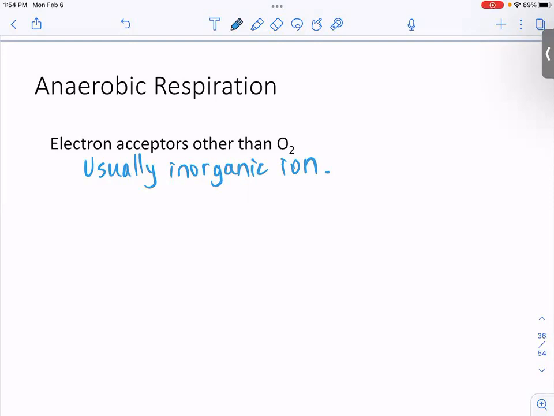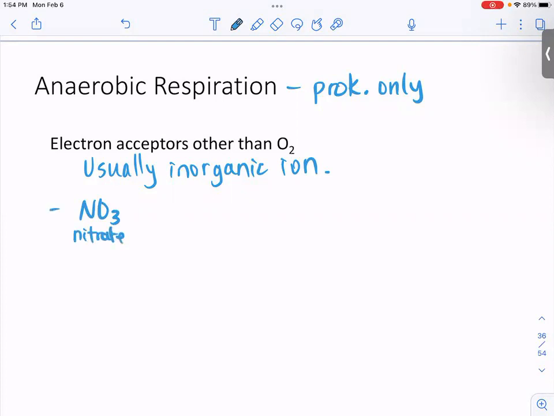Okay, so let me just emphasize that it's only prokaryotes that are able to do anaerobic respiration. Obviously, we don't do this. So what are some examples of an inorganic ion? It could be nitrate.